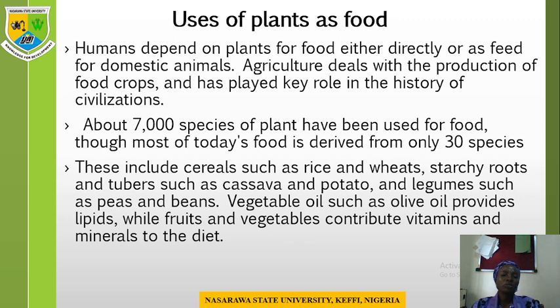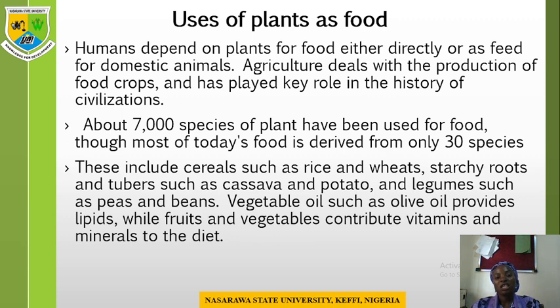In today's society, barely 30 species of plants are used for deriving food, although we have over 7,000 species of plants that could be used as a source of food.